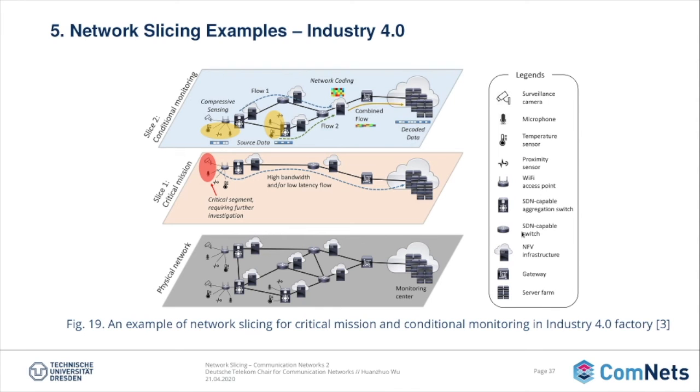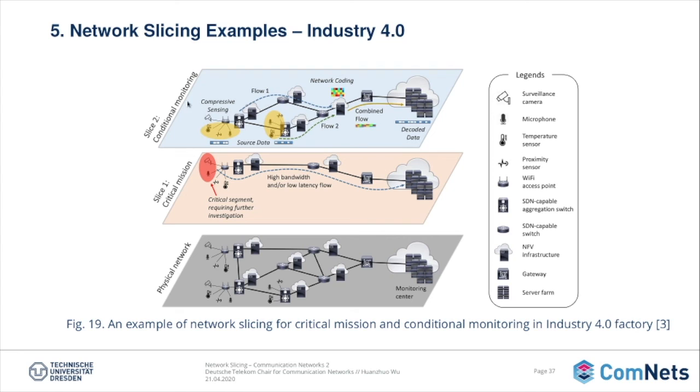On top of a programmable infrastructure, network slicing can allocate dedicated and adaptive resources for the condition monitoring scenario. In the figure, slice 1 can be allocated on demand to address emerging interruptions as a critical mission. With centralized control, the resources can be flexibly reallocated when the demands and network conditions change dynamically.